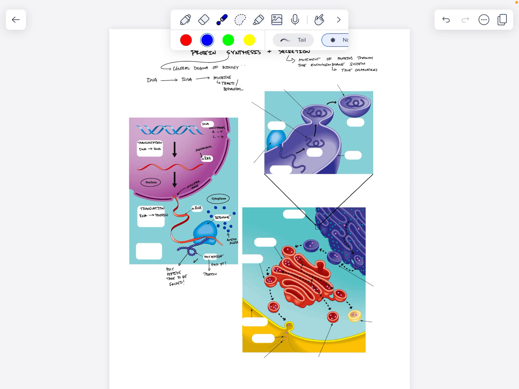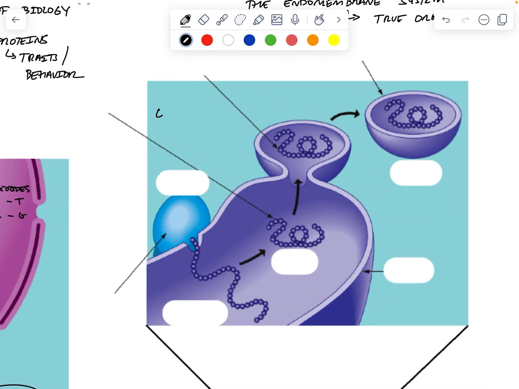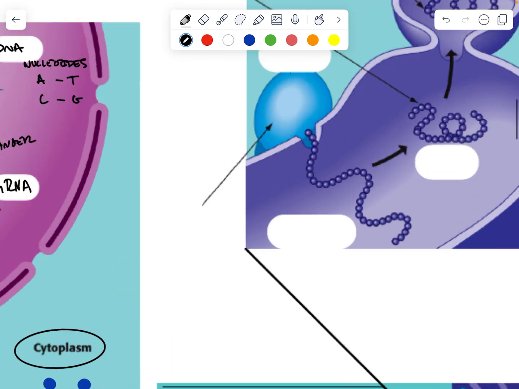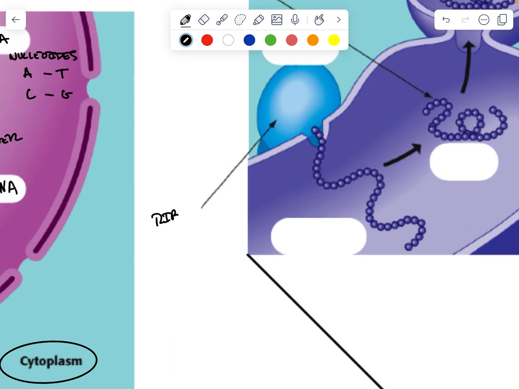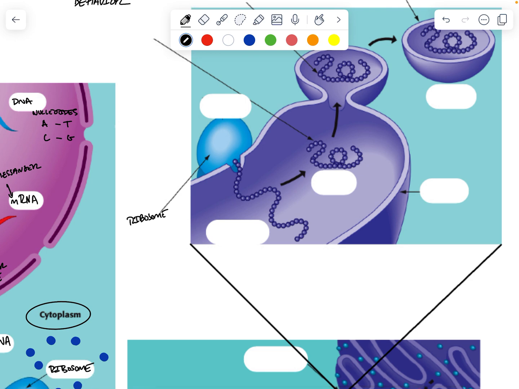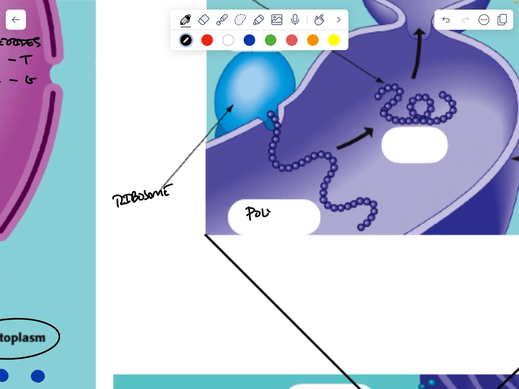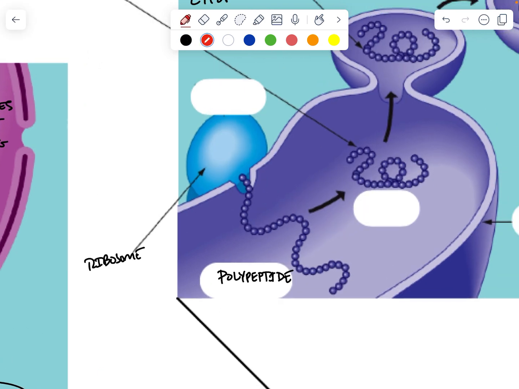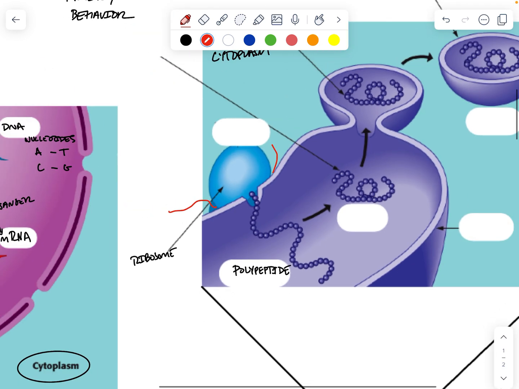So here is the view. Out here we have cytoplasm. And here in blue is our ribosome, and here's our polypeptide. You can't see it, but the mRNA message is outside, being read by the ribosome.